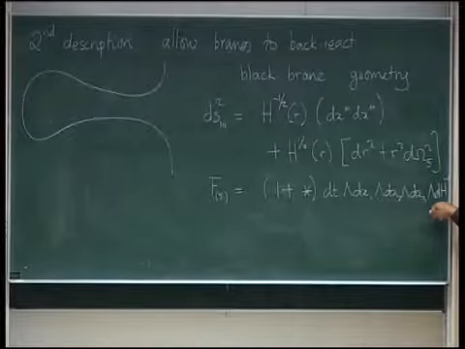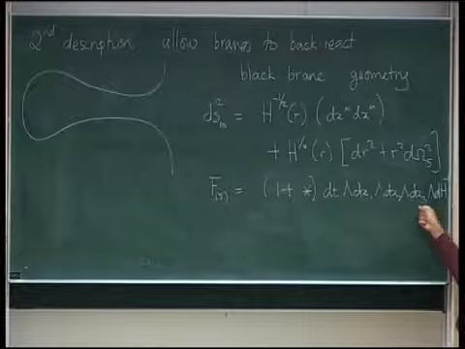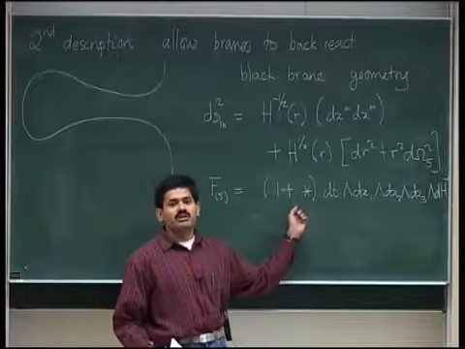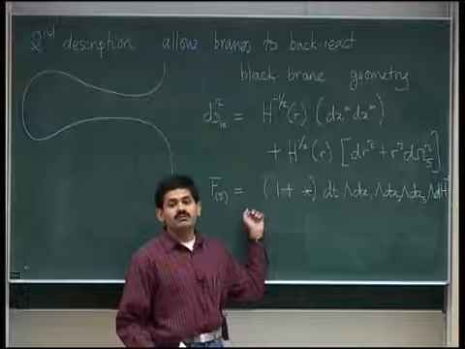It's dH inverse, so it's the wedge product of the directions on the brane, wedge dH inverse, plus the star of it to make sure that the five-form is explicitly self-dual.